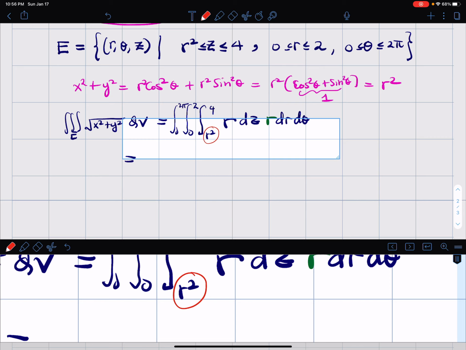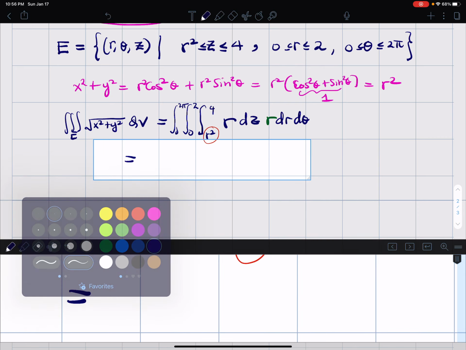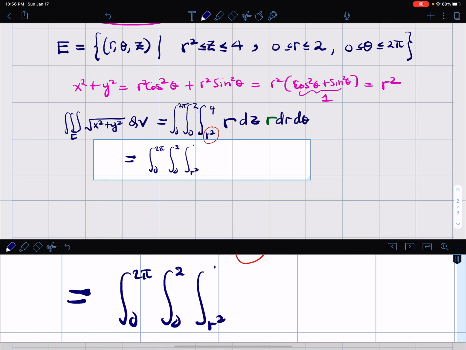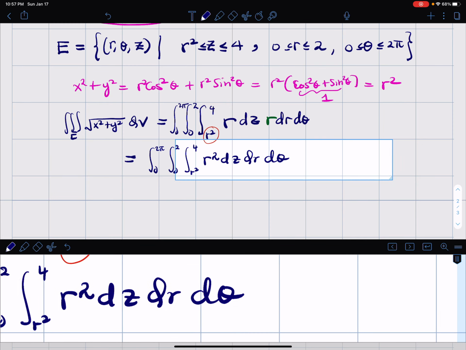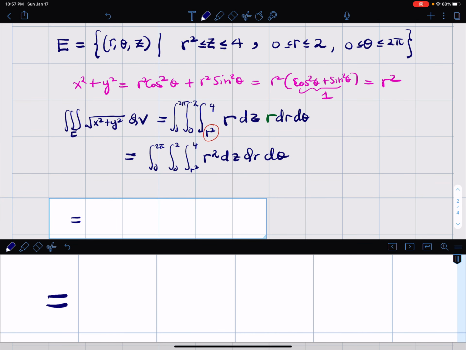But let's start by doing theta from 0 to 2 pi, r from 0 to 2, z from r squared to 4, of r squared, then dz, dr, d theta. So I just set it up, and now it's quite easy for you. If you keep going, the first integral will give you r squared z, and then you plug in r squared.